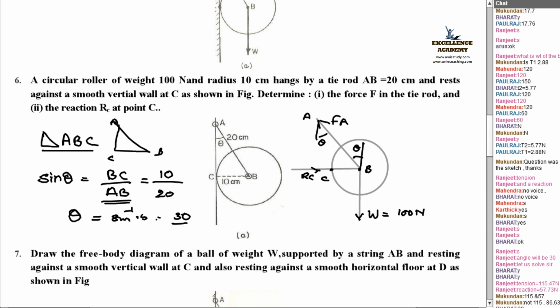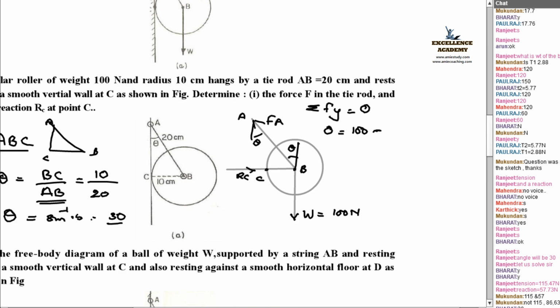So we can solve. Here, first of all, I am going to solve it by means of vertical forces. Sigma Fy equals 0. 0 equals 100, that is W, which is acting downwards, minus. What about FA?